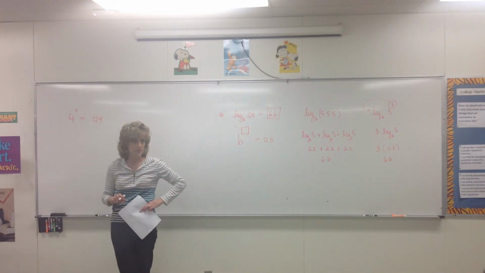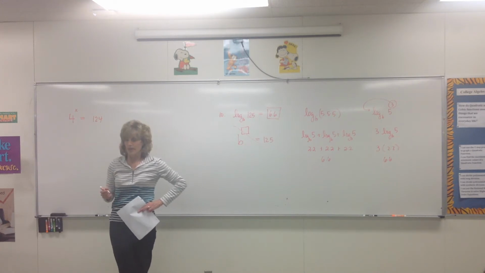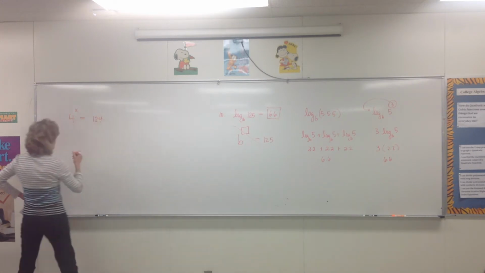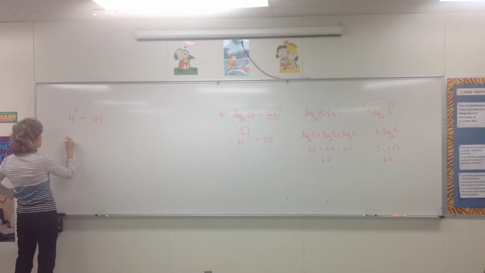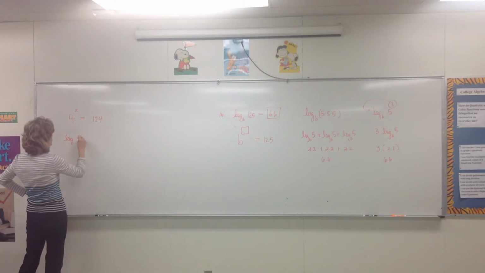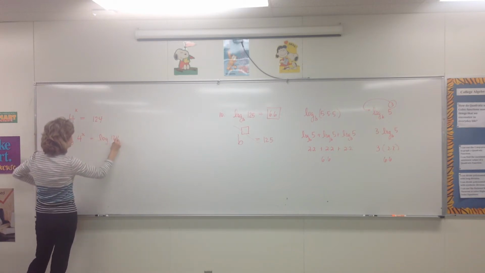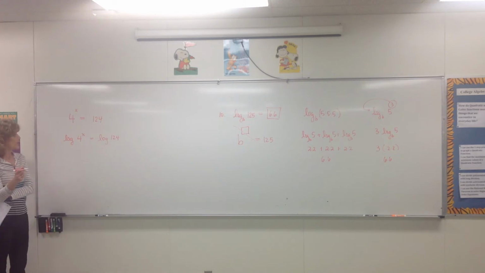So that was out. Trial and error, we've done this problem before using trial and error. But option number 3 is the fastest. Take advantage of properties of logs. If you take a log of both sides, log of 4 to the x equals log of 124. How does this help us?